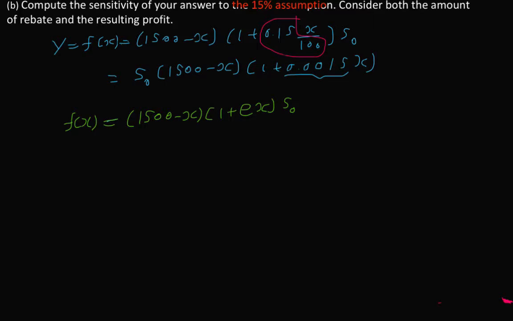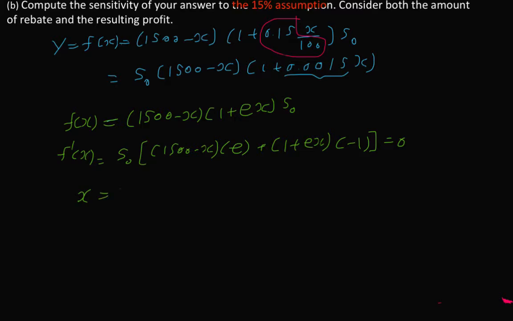Then get the derivative with respect to x. I will write S naught at the beginning now: 1500 minus x times e, plus 1 plus e x times minus 1. Then set this equal to 0 and solve for x.